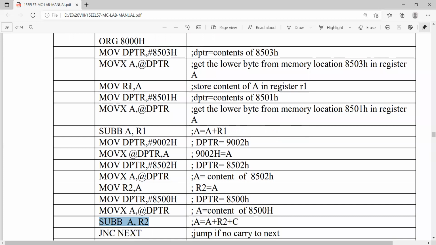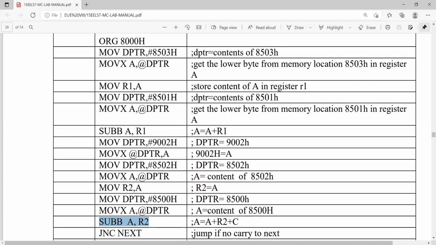So this is the lower byte of one data, then 8502, the data pointer here, you can transfer to A. So A has the lower byte of the first data, and R1 has the lower byte of the second data. Then you can use SUBB A, R1.